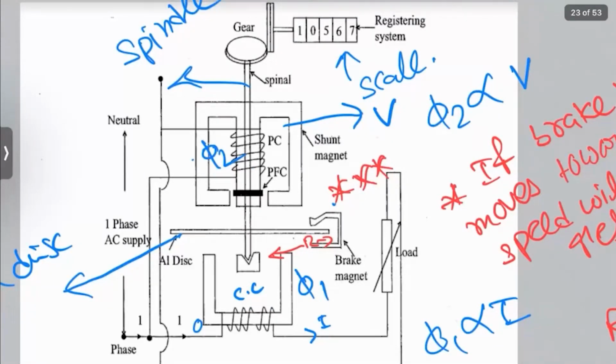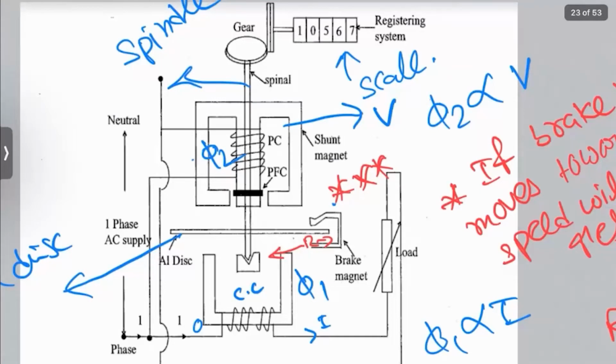The only variable is current. If you are using more loads in our home, the load current will be high, and based on that, the rotation of the disc will also increase. So that's why the energy meter reading mainly depends on the current coil only.